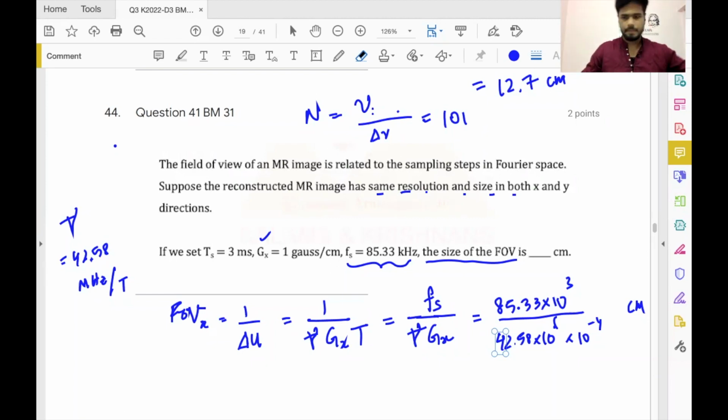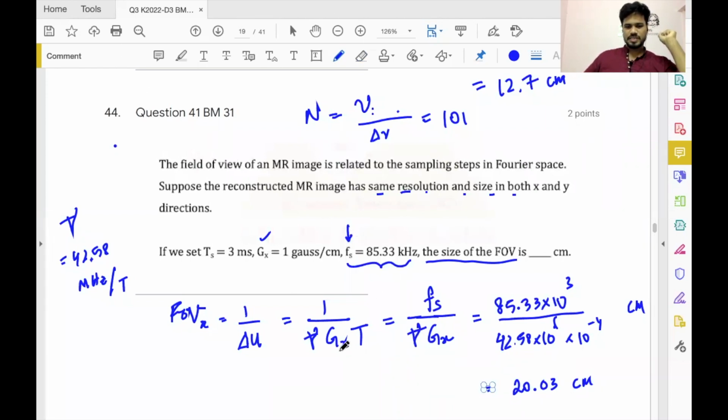Let me check. 3 into 10 power 3 divided by 42.58 divided by 10 power 6. This number is 20.03. 20.03 centimeters. Okay, so this is like how frequent do we get the acquisition signal?